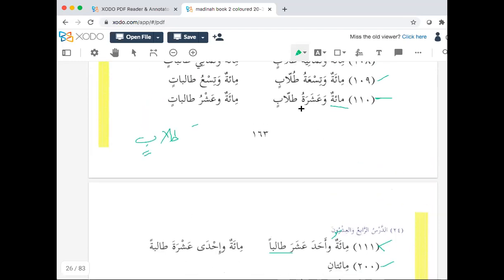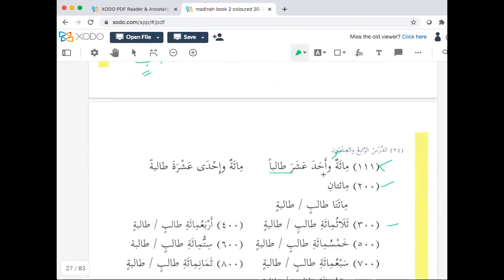After 110 طلاب is exhausted, and as Ilyas pointed out earlier, this matches numbers 3 to 10, the ma'tuf continues when you go to the next set of numbers, which is 11 to 19. 111 طالبا, and you can see that طالبا is مذكر and ahada is also مذكر. طالبة is مؤنث, إحدى is مؤنث.